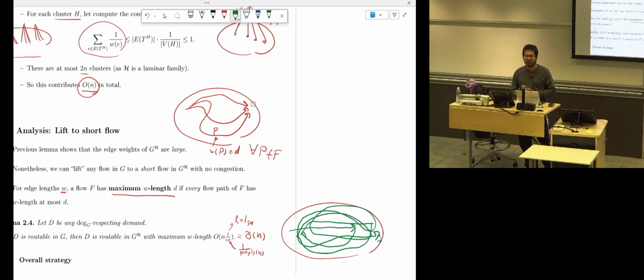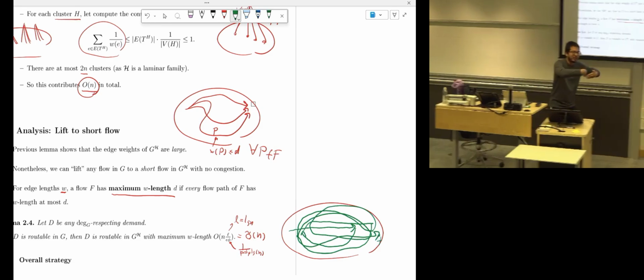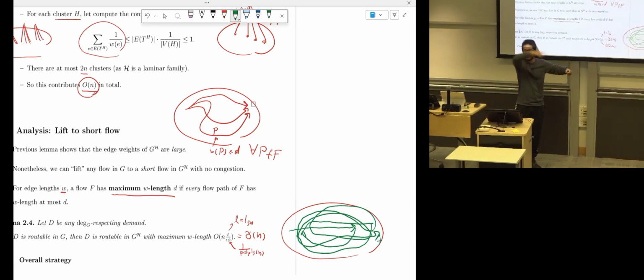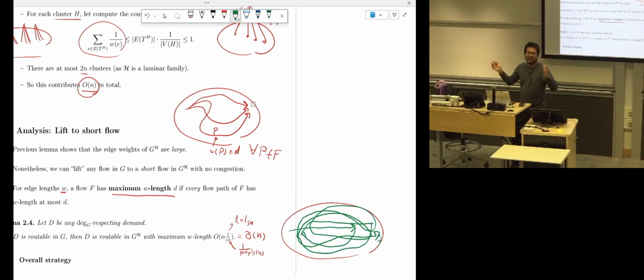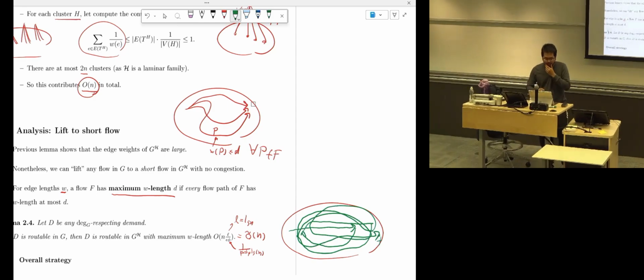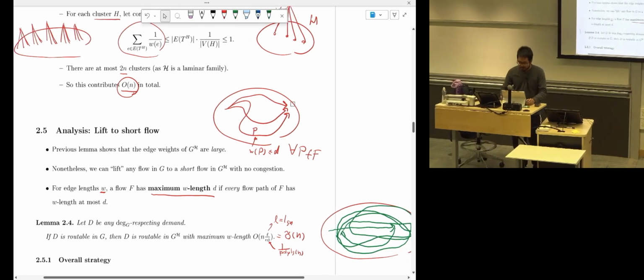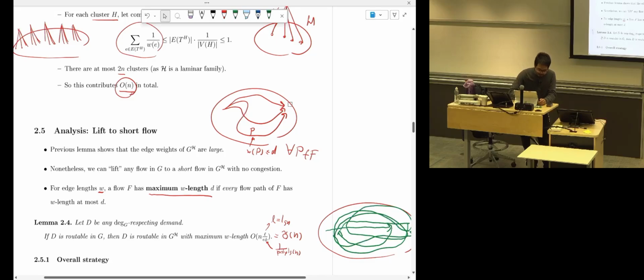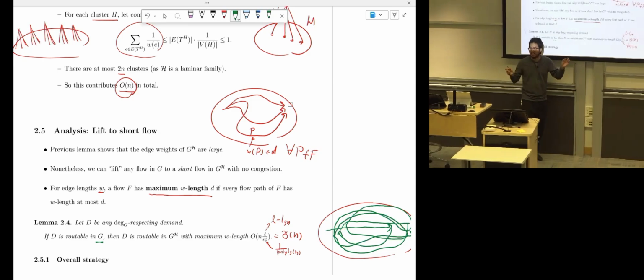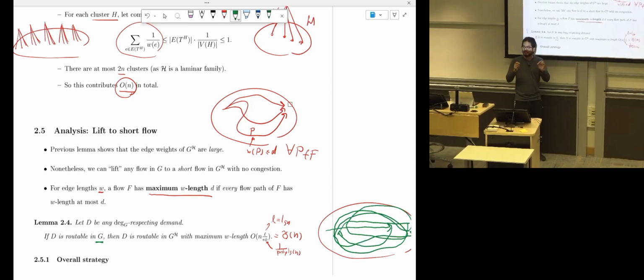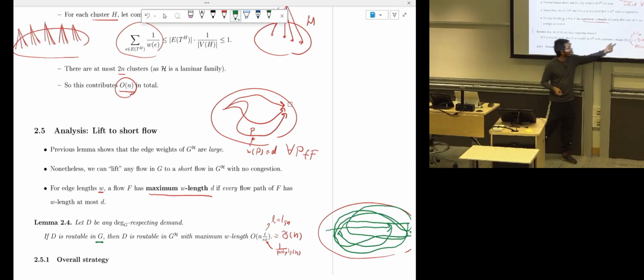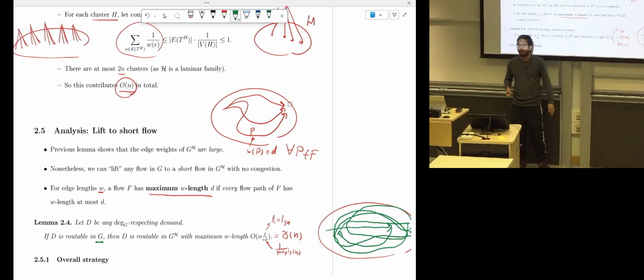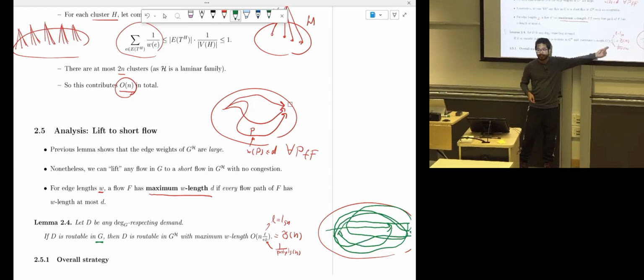When the graph is not a DAG, you don't always proceed in the order. You might go back, and that can be long. But now we're going to say that if you have some flow on G that is long, I can try to shortcut it using some star and make it not too long, almost like in a DAG.